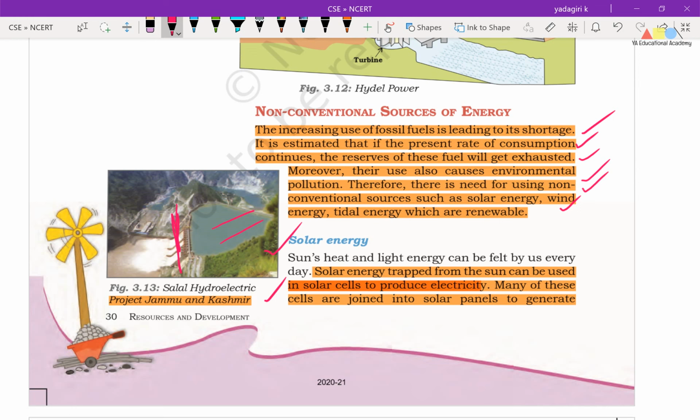So because the stock of the conventional energy resources is depleting, and their usage is resulting in high levels of pollution, the demand is increasing for renewable energy resources.